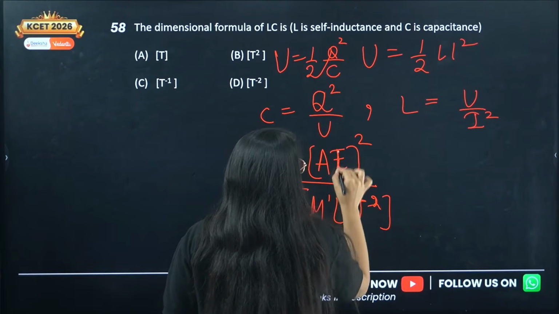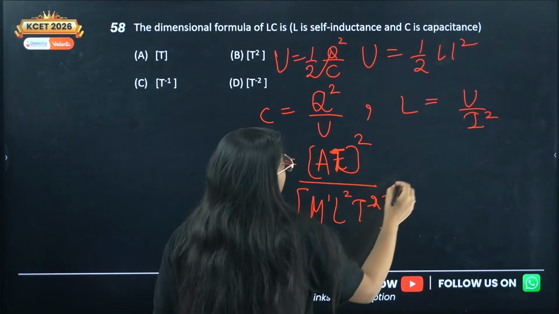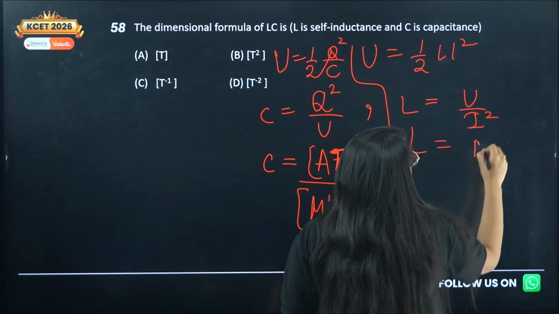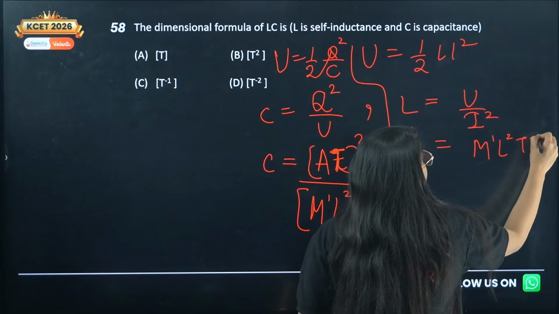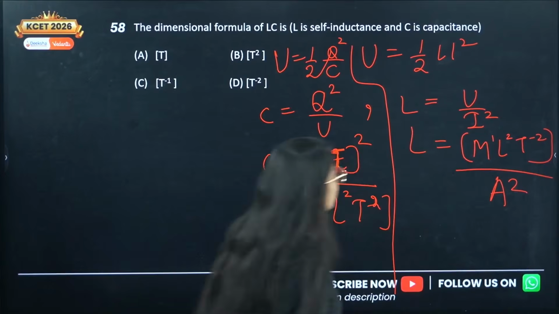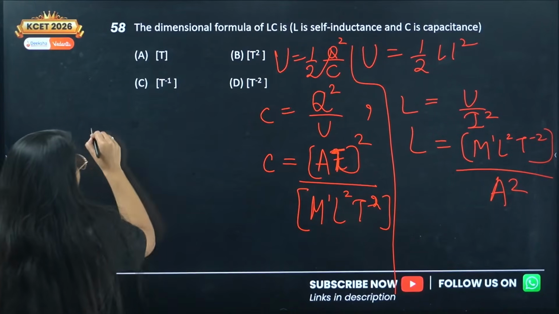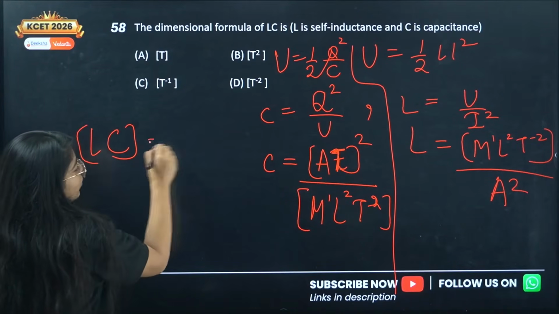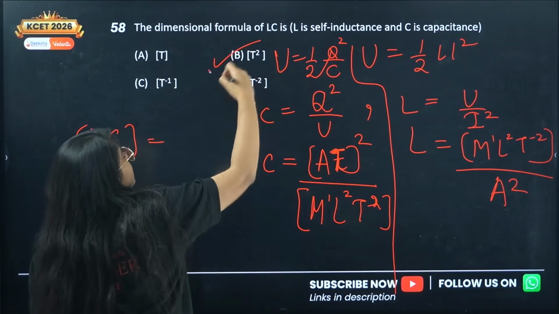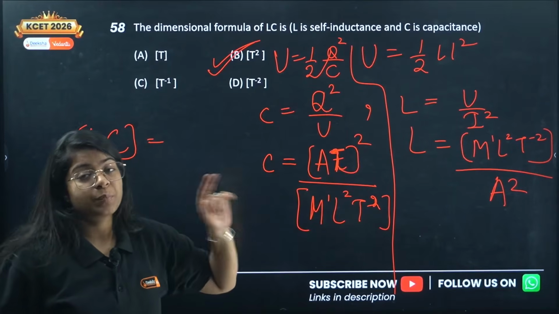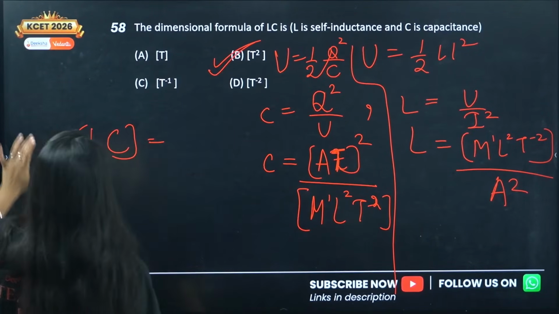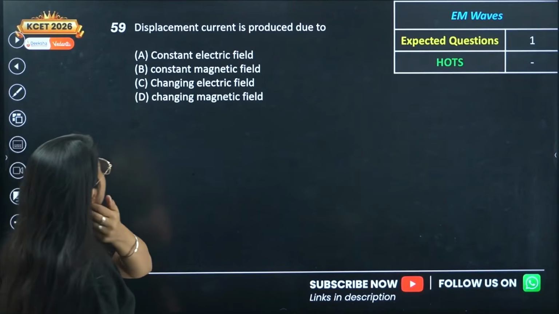And for L we have again M1 L2 T minus 2, and I square is A square. Now we need the dimensions of LC. So you can just multiply these two dimensions and they will cancel each other out and you will get the answer as T square. You can do it and let me know in the comment section if you find any problem doing this.